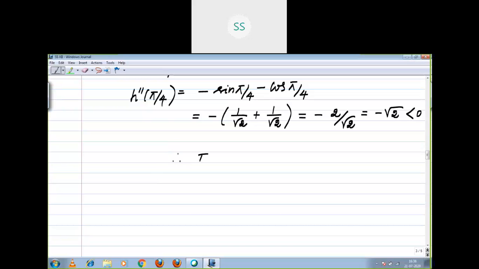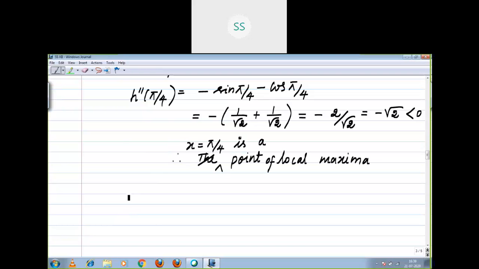Therefore the point is local maxima. Or you can write x is equal to pi by 4 is a point of local maxima, right? x is equal to pi by 4 is a point of local maxima.